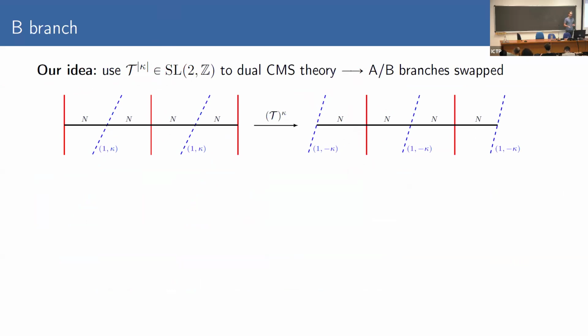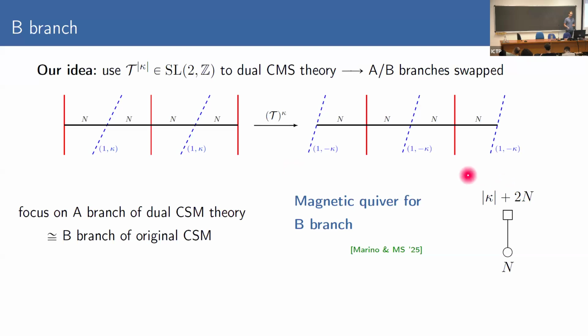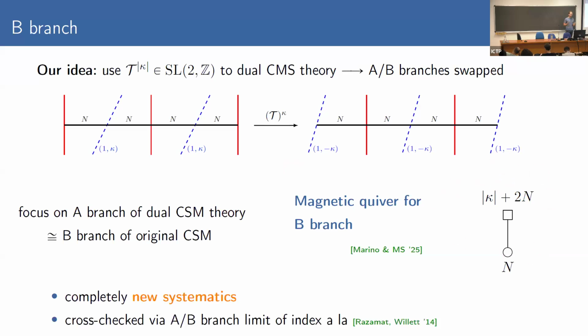All right. So if you do this, you read off a magnetic quiver like this, and you can do the computation, and you see it works out. Somehow this B branch magnetic quiver has not shown up in the index computations in the literature. So that was not appreciated or found out. Don't know why, but now it's actually a very simple exercise.